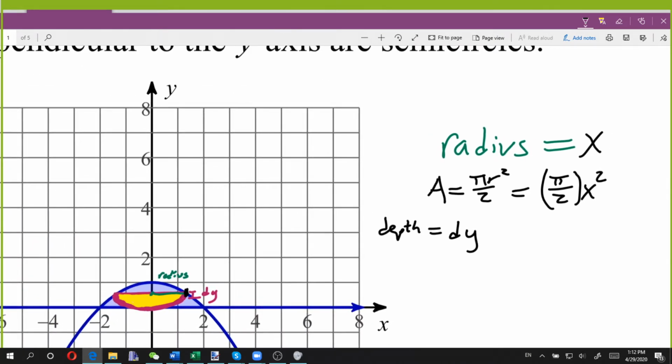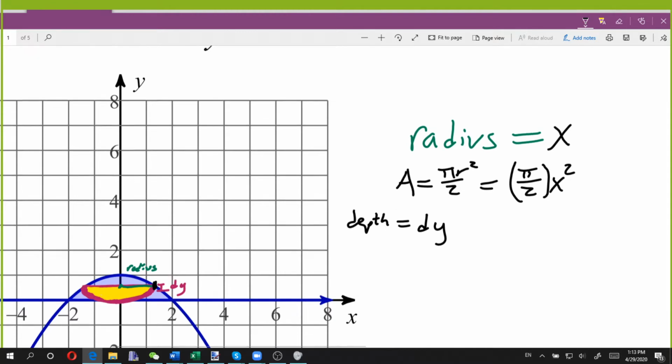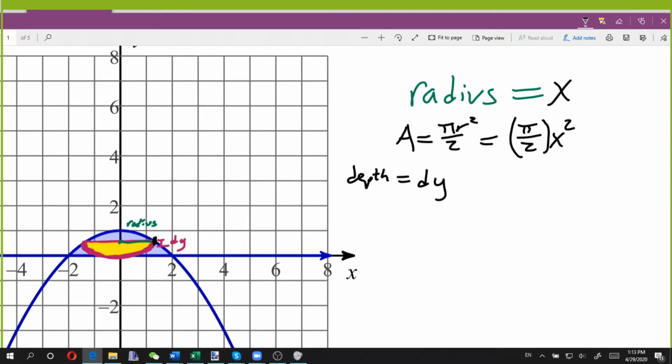Okay, I'm going to jump down to Andrew. Andrew, so I want to set up an integral that will allow me to keep adding infinitely many of these semicircles from the top of this function to the bottom of this function. What should I integrate?